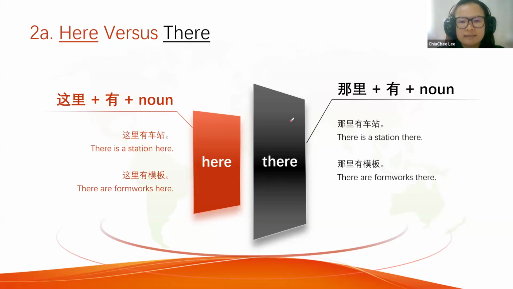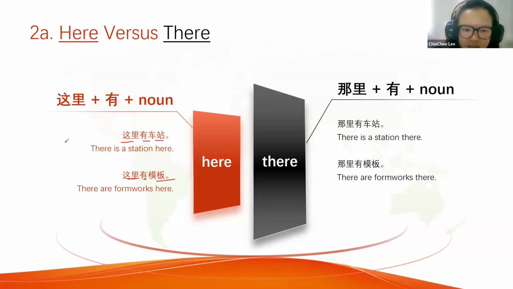Then we put it into examples again, using 车站 and 模板. We say 这里有车站, there is a station here. 这里有水, there is water ponding here. And 这里有模板. 模板 is a noun and 车站 is also a noun, so they form the words here.